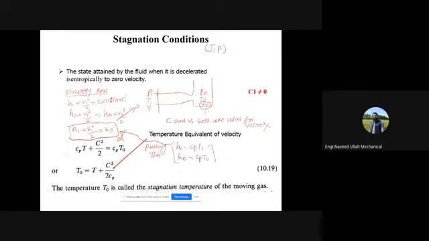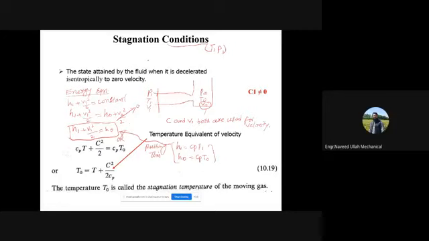Even velocity, specific volume you can take. So we are talking about temperature, pressure, velocities and specific volumes etc.